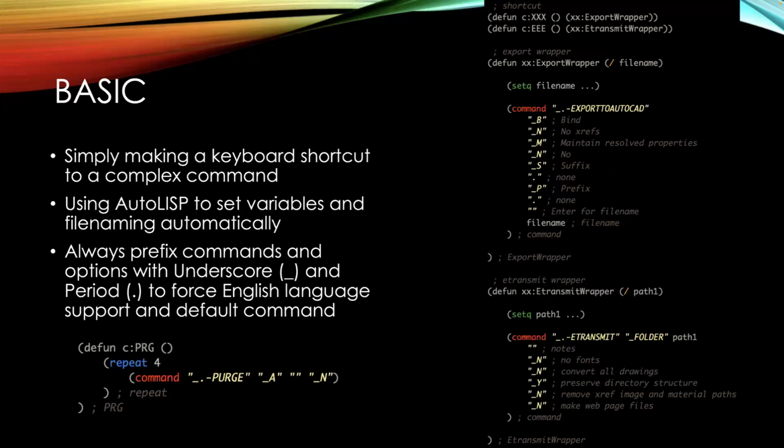So we use the underscore to force it into English mode. Then the period, so you can see in this command for purge, the underscore is forcing it to English. Then the period is forcing the internal definition of that command, which maybe is not so necessary, but you get in the habit of it, best practices.